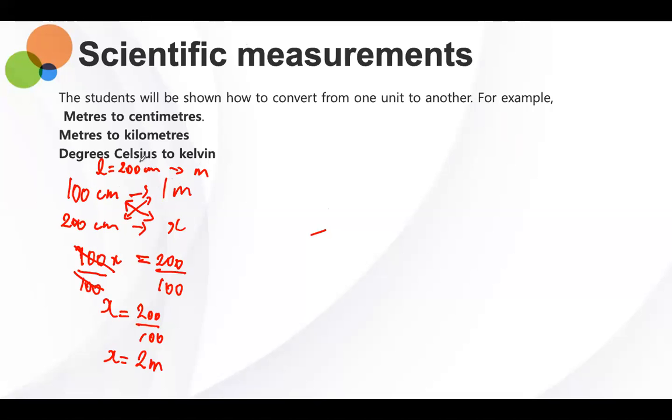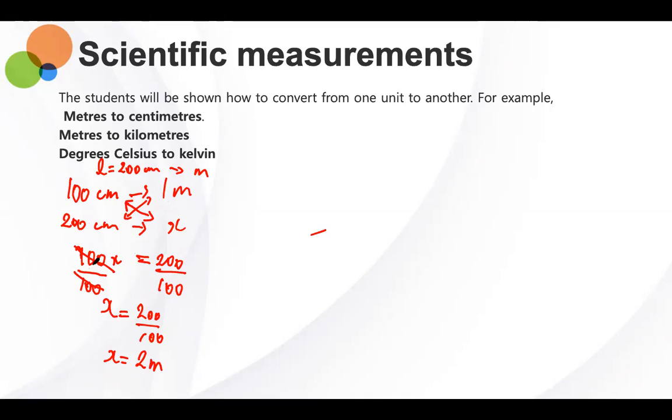Therefore, we would place 200 under the centimeter section. This is the centimeter section and this is the meter section. We cross multiply. So we end up with 100 times x, then 200 times 1. This will leave us with 100x equal to 200.